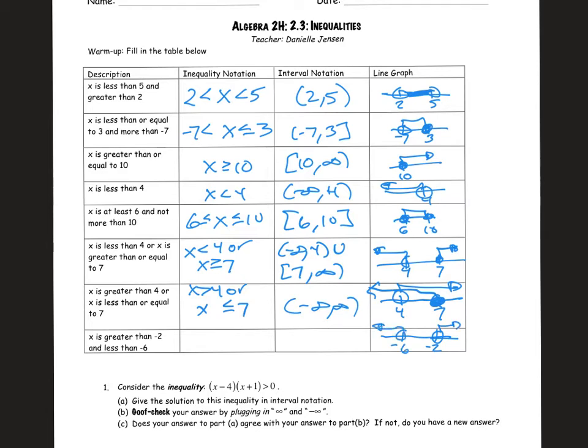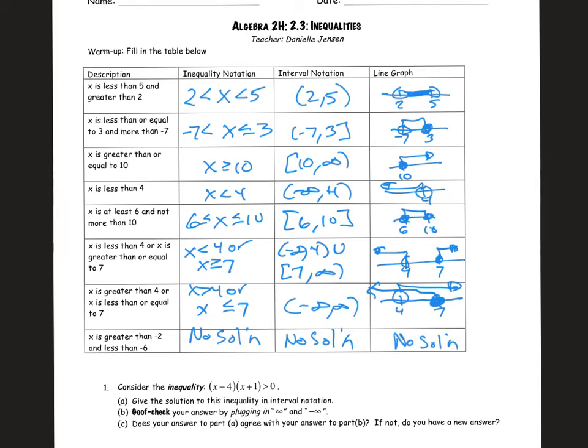Sorry, not or, and. Since it's an and problem, you need overlap, and there's no overlap here. That means there's no solution. There's no solution for the interval notation, it is just an empty set. There's no graph, so let me erase that piece. All right, just no solution.